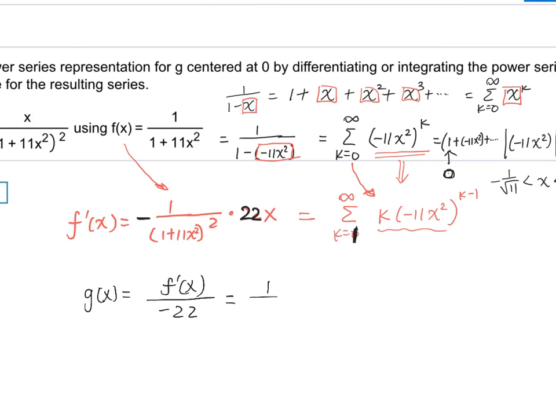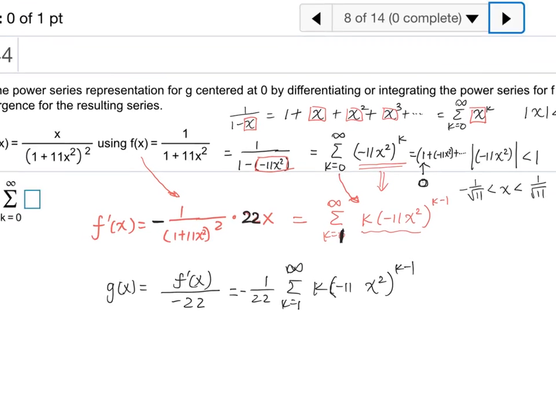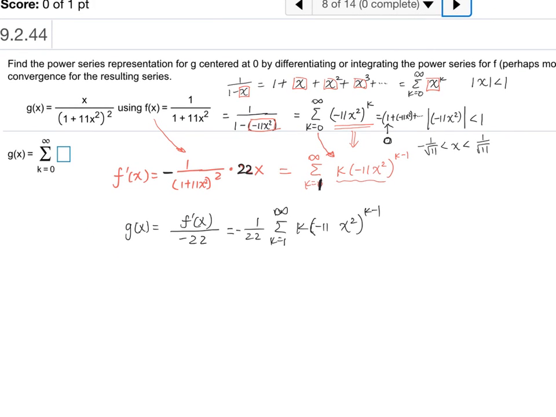It will be negative 1 over 22 summation k from 1 to infinity k times negative 11x squared raised to power k minus 1. Okay, so this is pretty much the hint that I would like to give so that you know where it comes from.